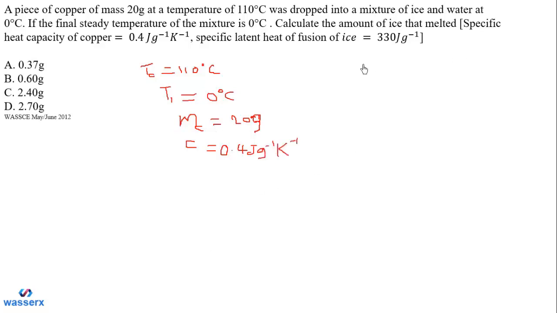Then the latent heat of fusion of ice was given to us as 330 joules per gram.